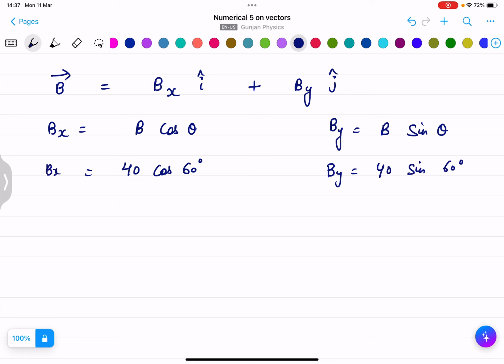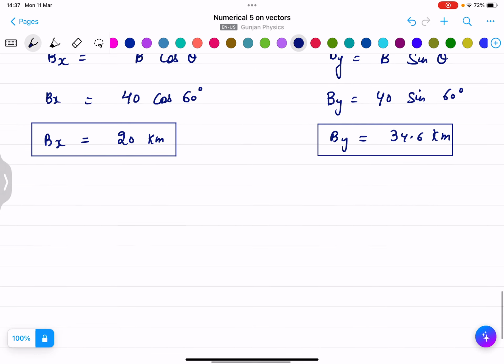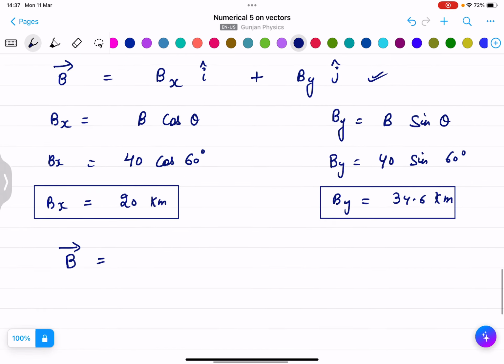So if I solve it, BX I get 20 kilometers, and BY I get 34.6 kilometers. So I got BX, I got BY, and what will be my expression for the B vector?